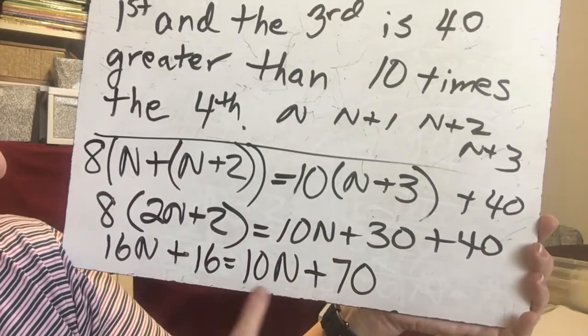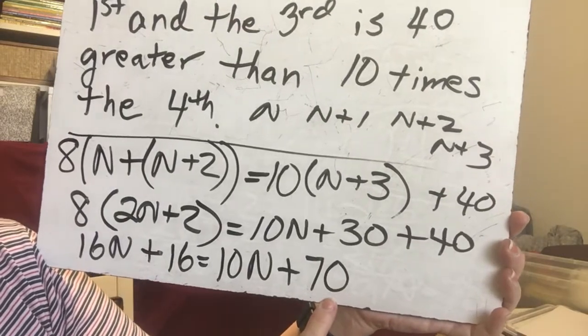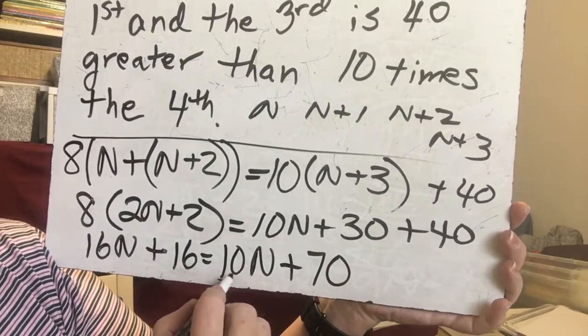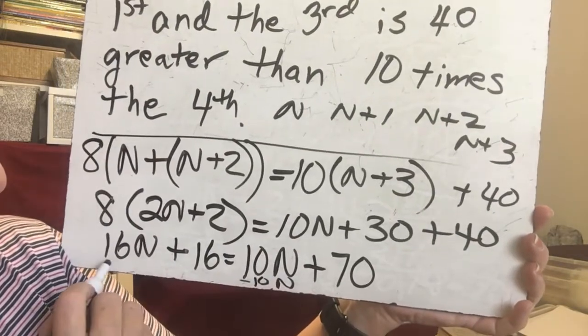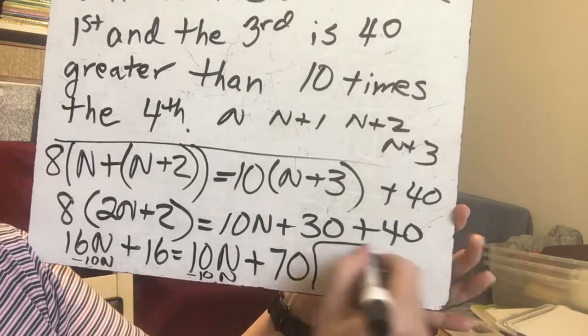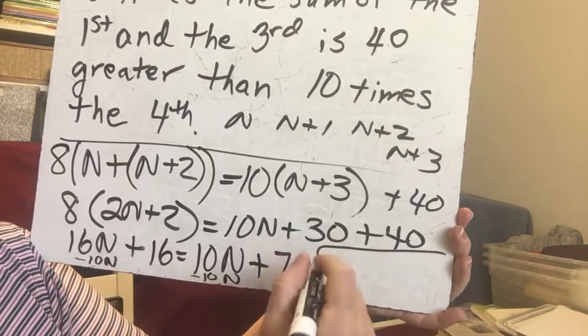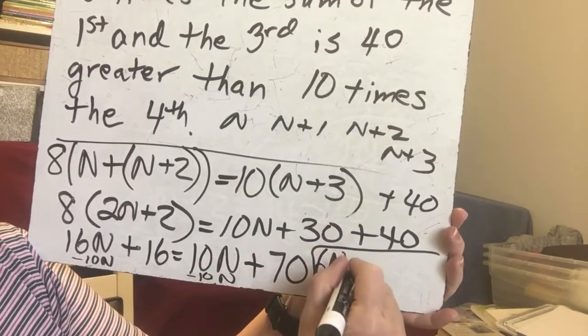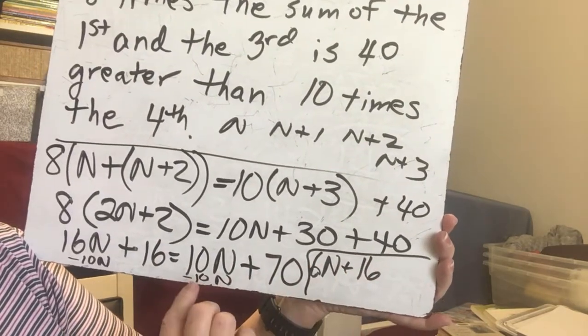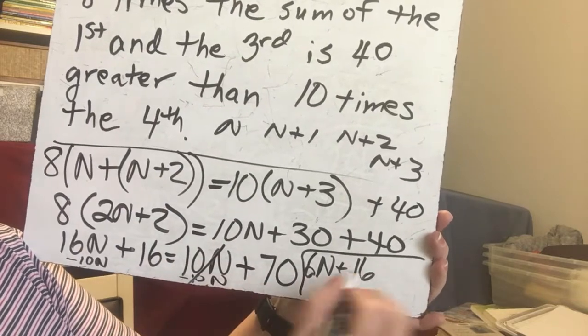Okay, so this is my equation. So 16n, and if I take the 10n away here and the 10n away here, then right here I get 6n. 6n plus 16 is, this goes away, 70.